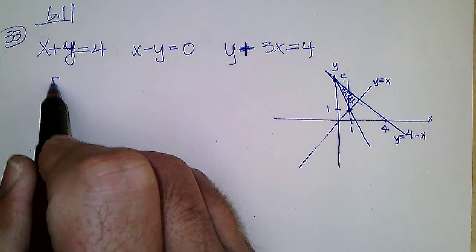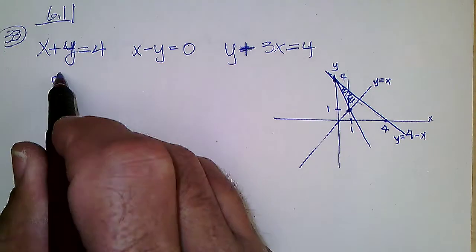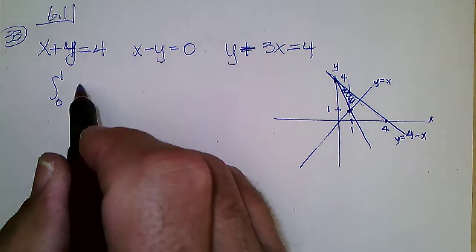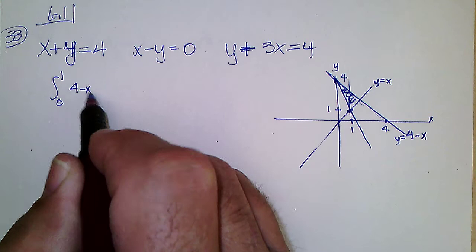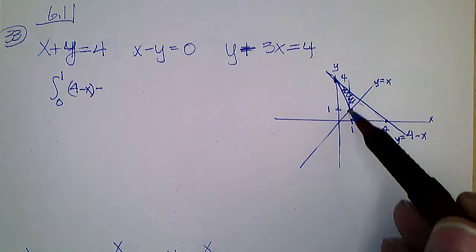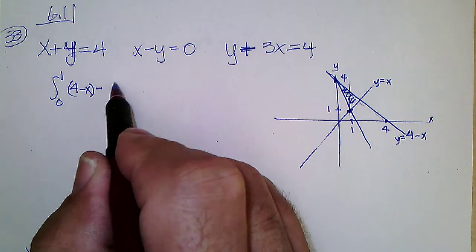So I'm going to have the integral from 0 to 1 of the top curve, which would be 4 minus x, minus the bottom curve, which would be 4 minus 3x.